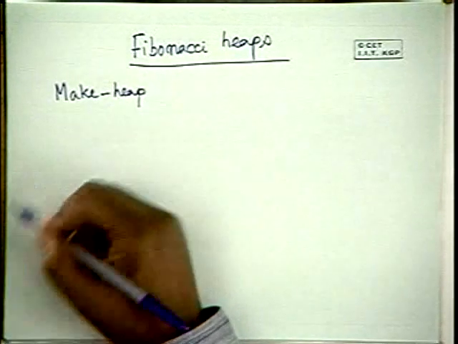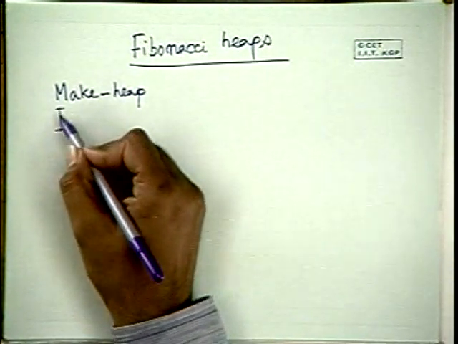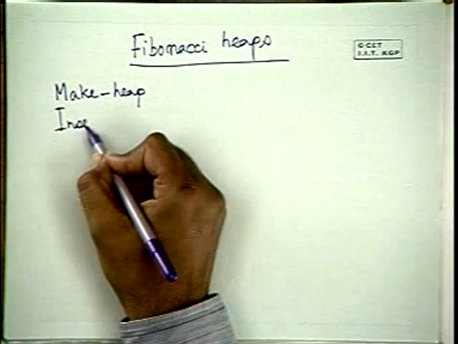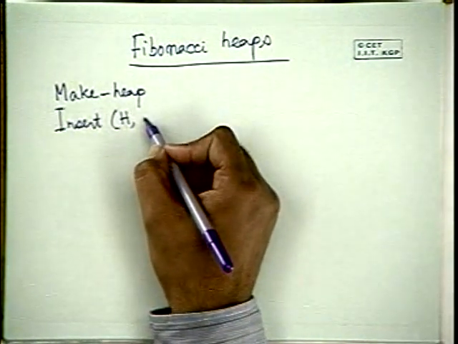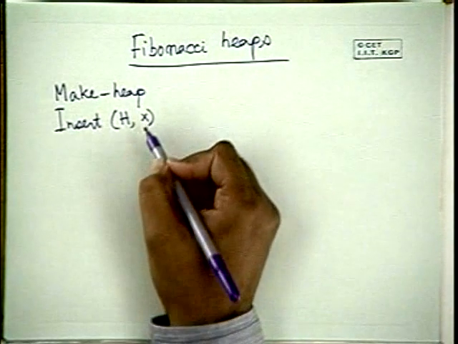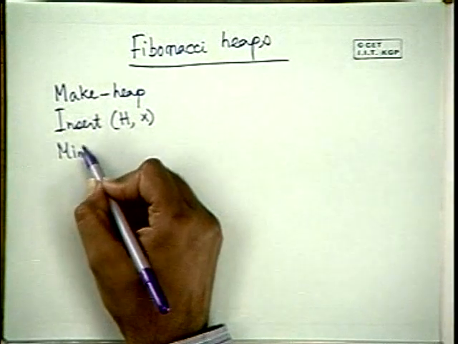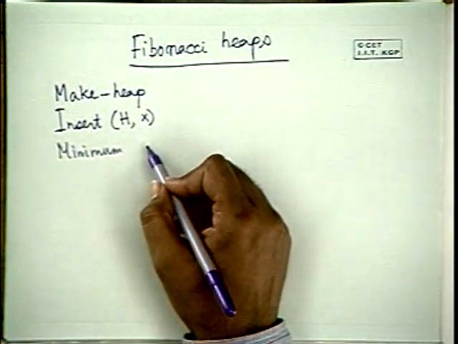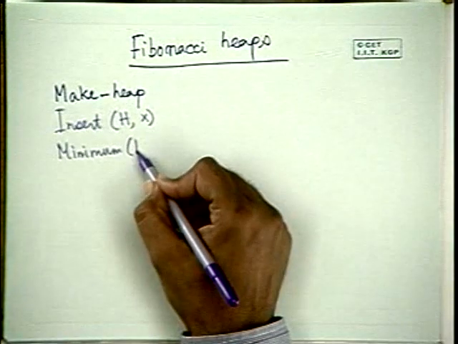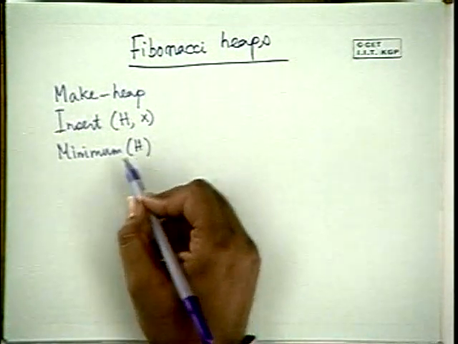So here make heap is one operation. You have to make one heap first from scratch. Then insert is another operation, it takes the heap H itself and inserts an element, say X. Then minimum is another operation, which returns the minimum value over all the keys currently present in the heap H. It just returns the value.